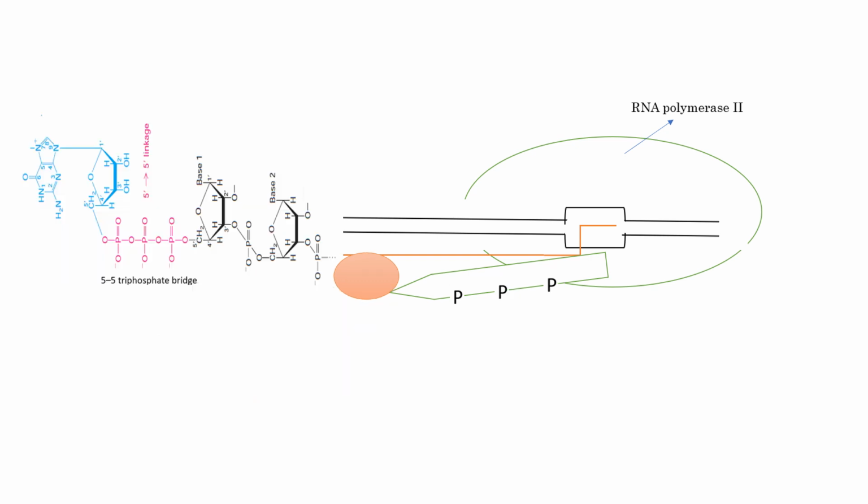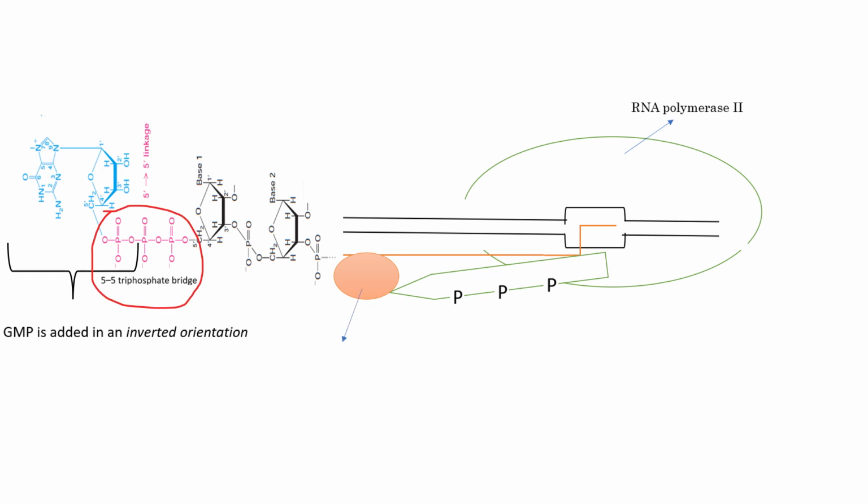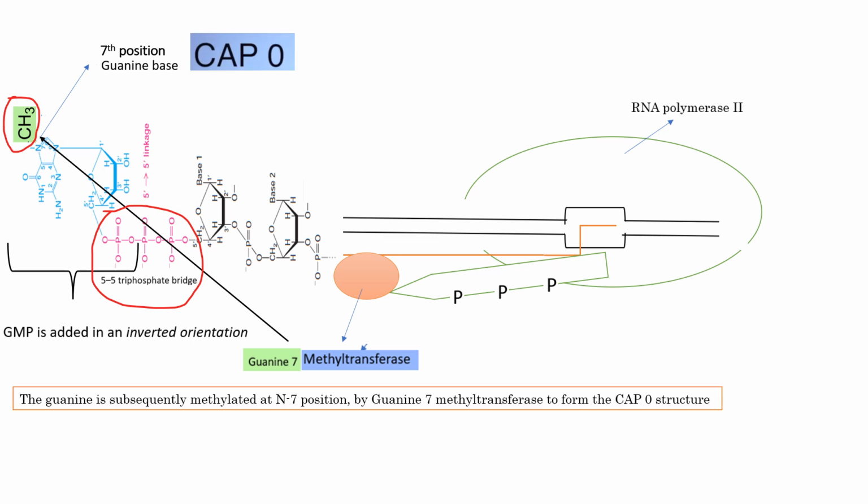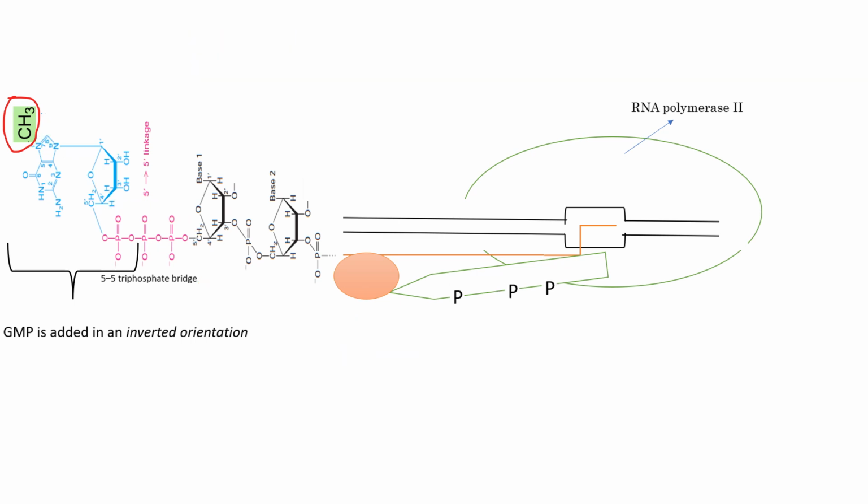If we see the structure in this way, GMP is added in an inverted orientation to form a 5' triphosphate bridge. In the next step, the enzyme guanine 7-methyltransferase adds a methyl group at the 7th position of the guanine base to form the cap 0 structure. The enzyme 2-methyltransferase often adds additional methyl groups to the first and the second nucleotides adjacent to the cap.